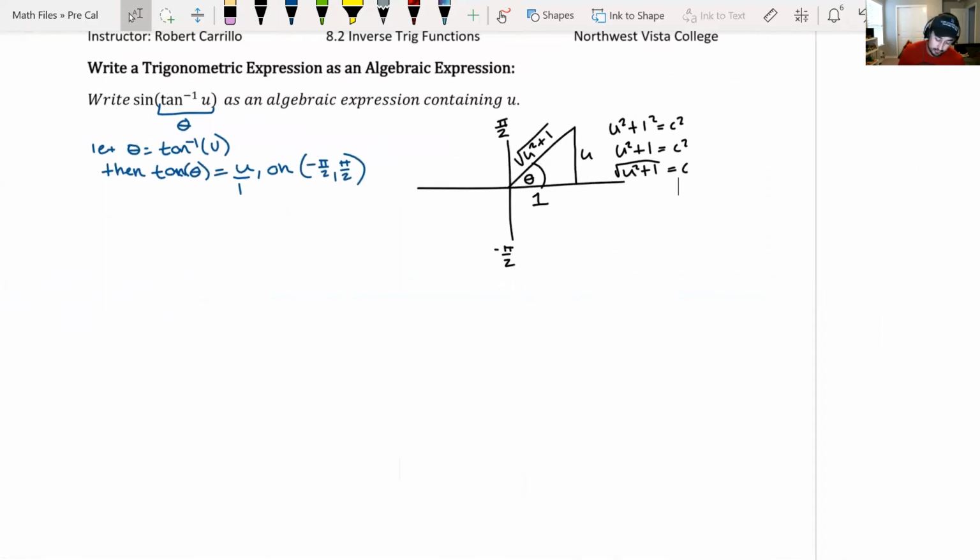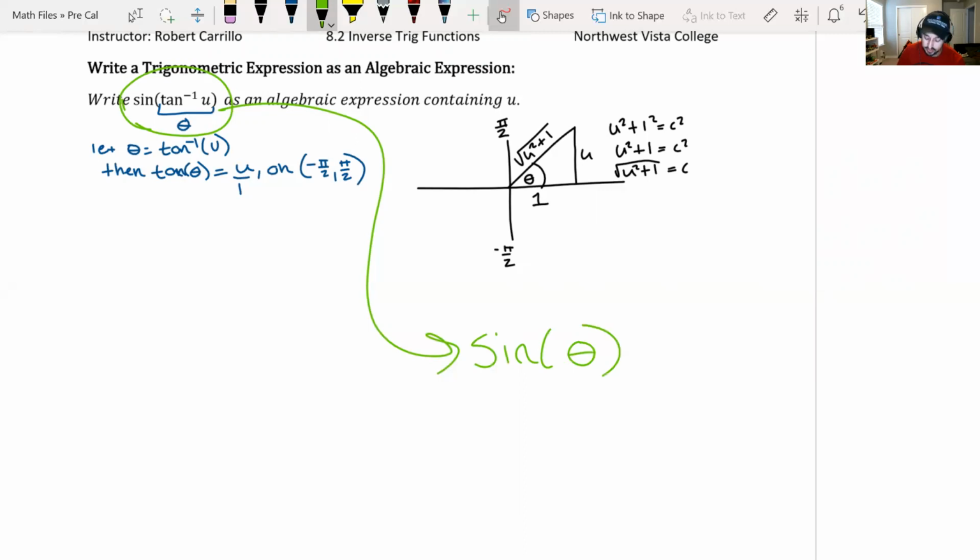So take this whole substitution and we're coming over here, which means I now have the sine of theta. And remember, theta contains all of this information. So all we want to know is what is the sine of that actual theta?